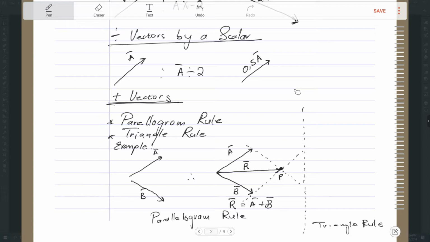The triangle rule arises directly from the parallelogram rule. So say we have the same vectors A and B.